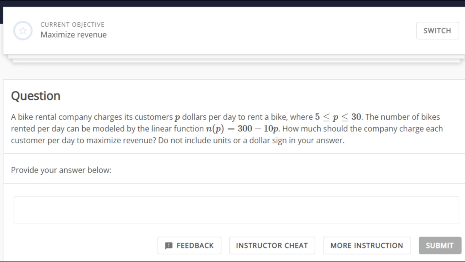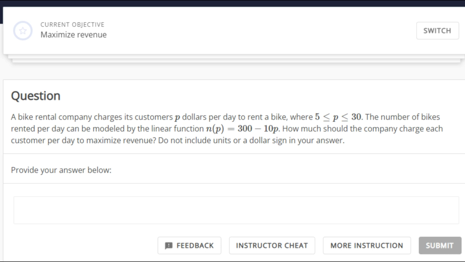A bike rental company charges its customers this amount of dollars per day, and they give us the closed and bounded interval for where this function lives. Okay, between 5 and 30, including 5 and 30. And that's how much they charge their customers.